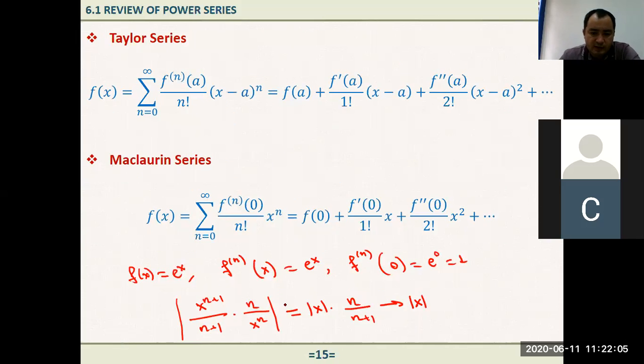Here we have n plus 1 factorial, and here we have n factorial.